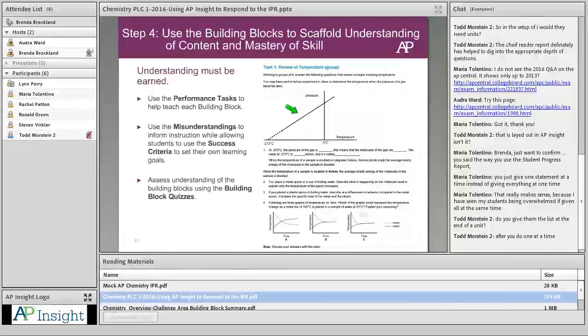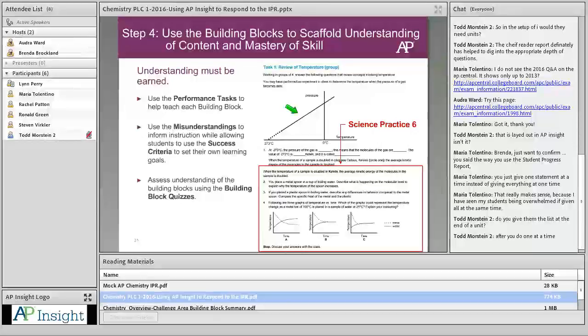All right, so again, look to those building blocks, look to those progress sheets, and then really take some time to see where those science practices are. And that's where, in terms of scoring the exams, I've really found that some of the kids are just struggling on science practices.